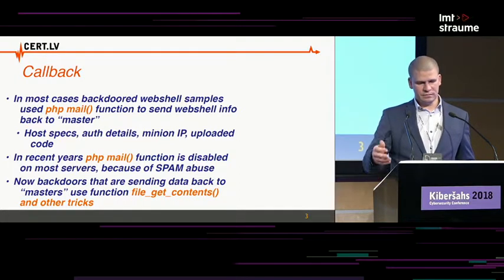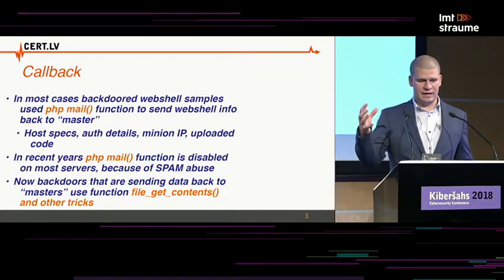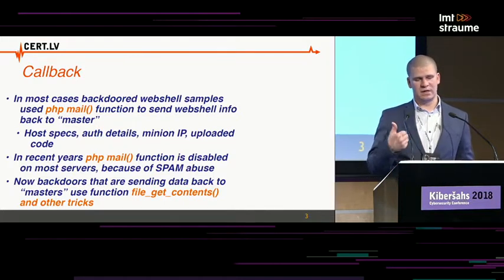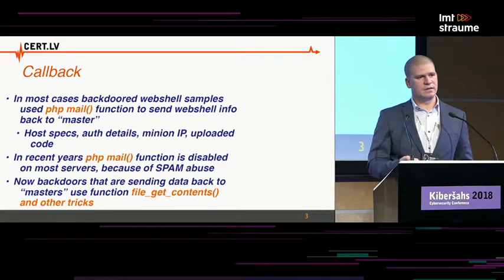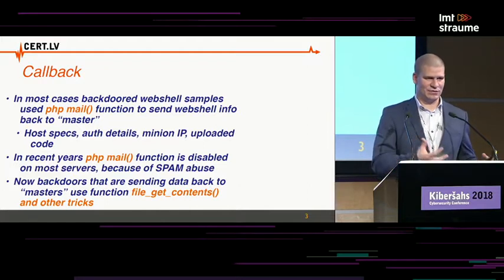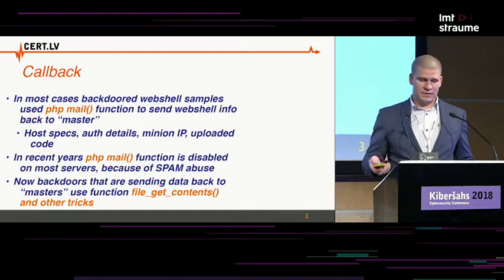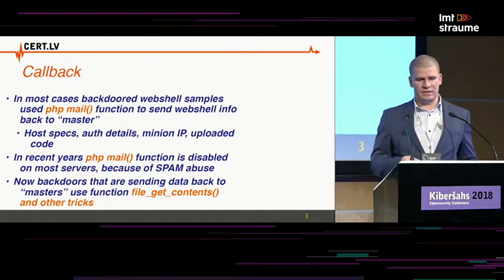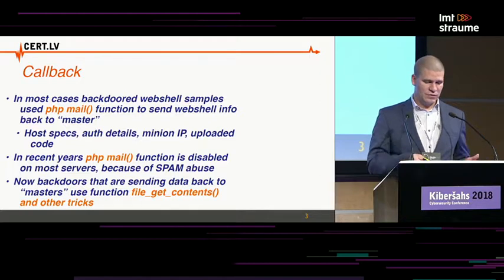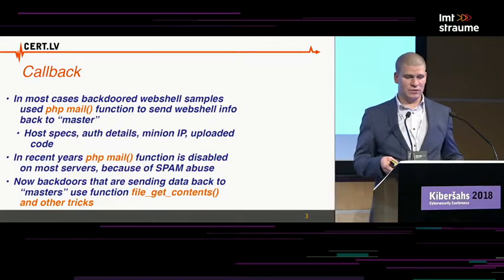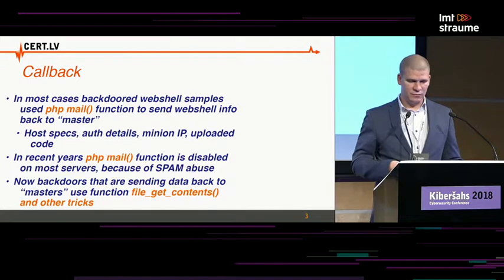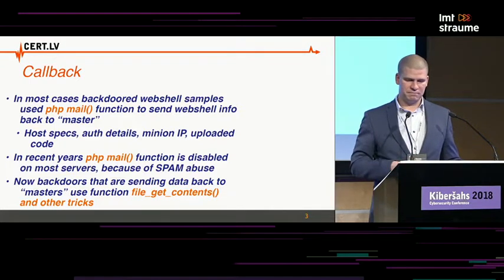And this functionality is just introduced to gather information from the compromised machine, like host name, IP address, the minion IP address, or the guy who thinks he is controlling the compromised web server. And sometimes commands executed and other interesting artifacts, which for some reason are also interesting for the main guy who actually dropped his backdoor in it.